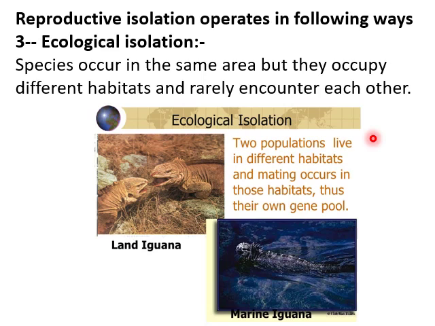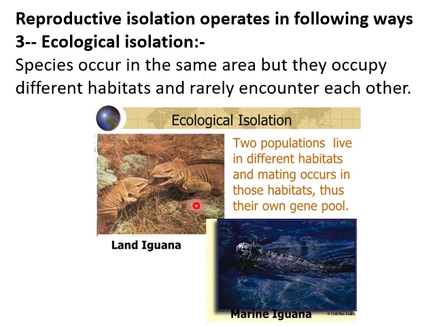In this diagram, you can observe two different populations of iguana: the land iguana and the marine iguana.